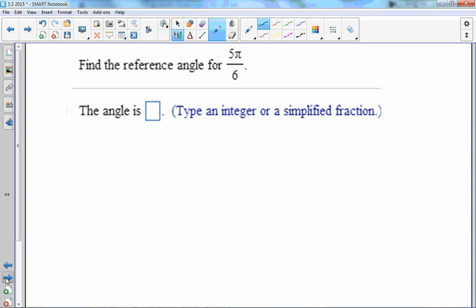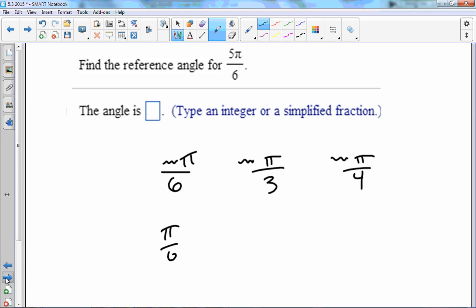If my angle is some version of pi over 6, or some version of pi over 3, or some version of pi over 4, the reference angle is just going to be pi over 6, the reference angle here is just pi over 3, and the reference angle here is pi over 4. It's just a shortcut.